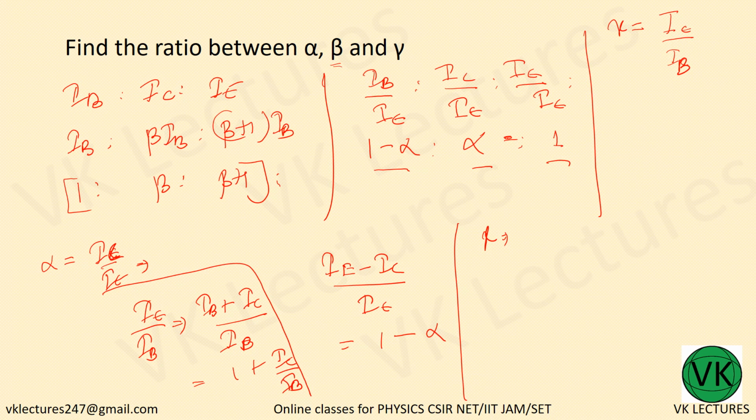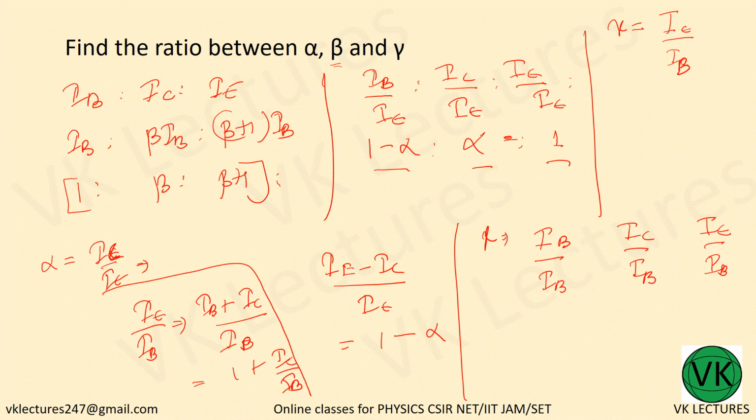So here also you can start writing IB, IC and IE divided by IB. What you have to do, you have to just write IE in terms of a different term.